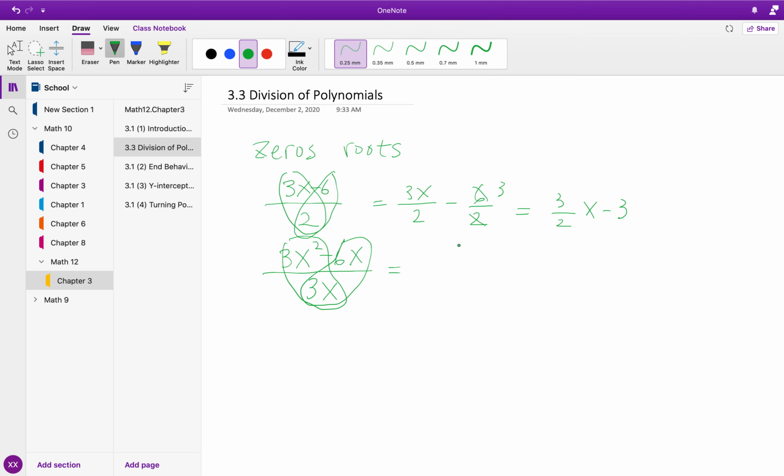So it becomes 3x squared divided by 3x, now subtract 6x divided by 3x. So now this cancels, this cancels, and 2 and 1. So then you got x subtract 2.